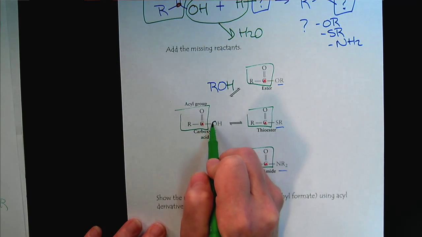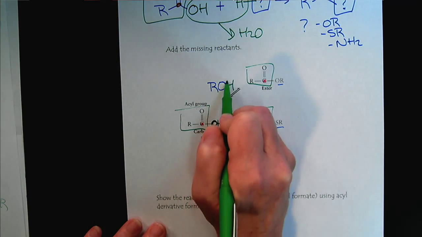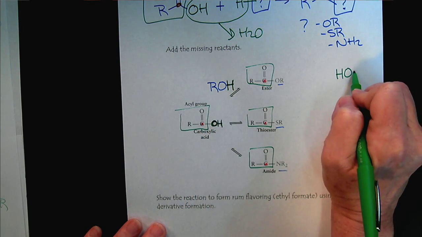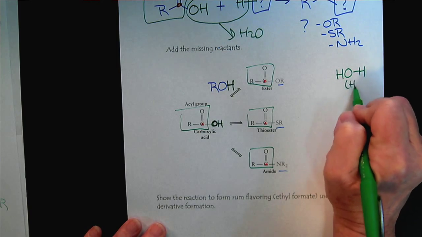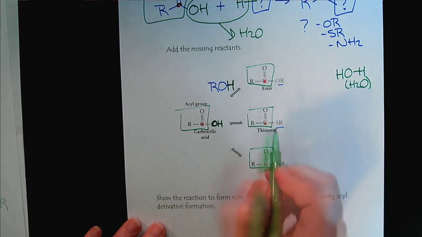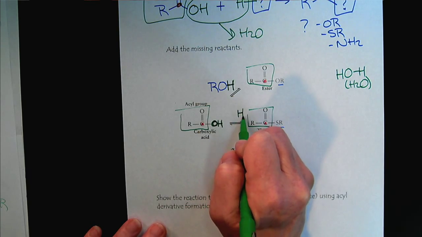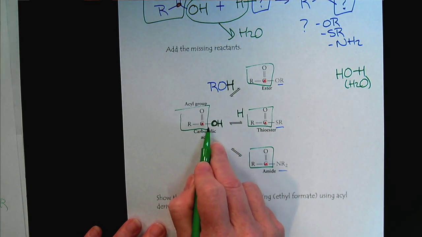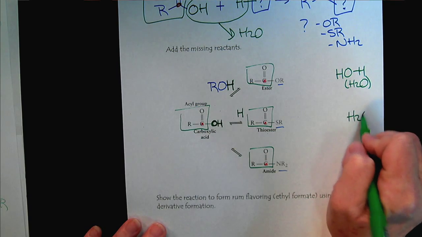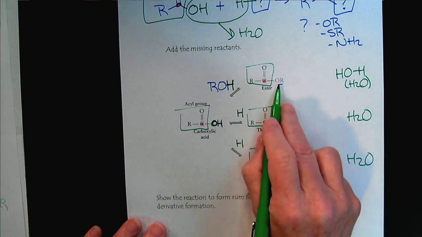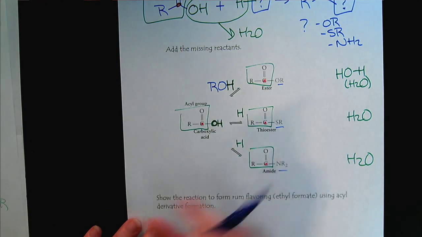So the OH here and this H, that's going to produce the water. All right, so each one of these missing reactants is going to have a hydrogen that combines with the hydroxyl to produce water. So we know that much. And then the rest of the answer is right here, right?